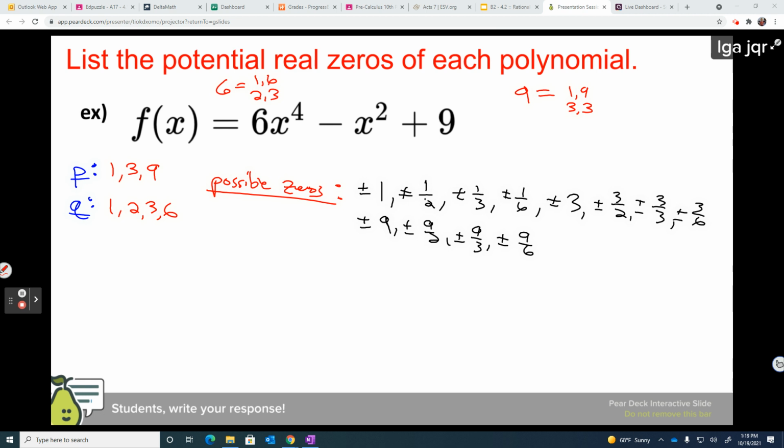You should at first have 12 total, and then you can reduce them, and if you eliminate them as you go, that's fine too.